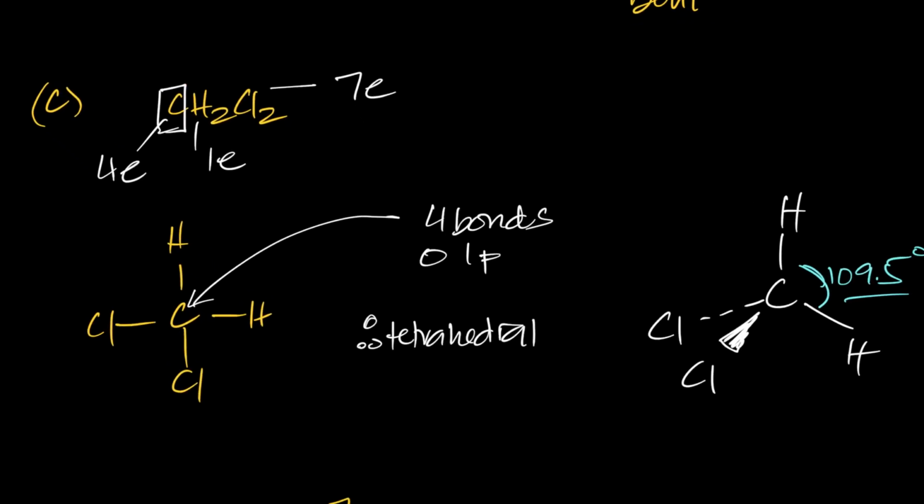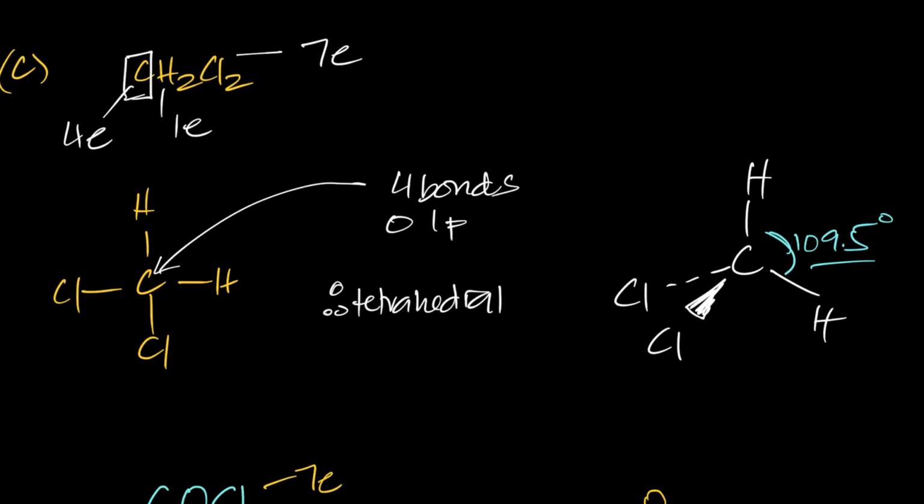Slide 17, yeah. So you had these four. Now the way I have drawn it is saying that carbon and hydrogen are in the plane of the board. But this chlorine, carbon and chlorine are also on a particular plane.